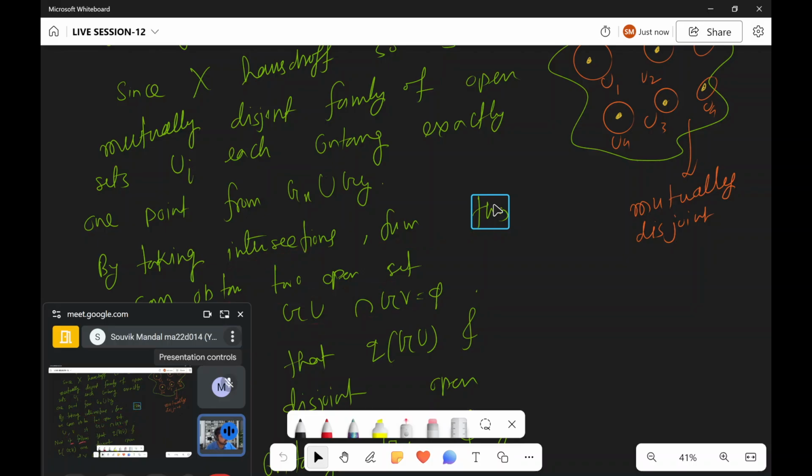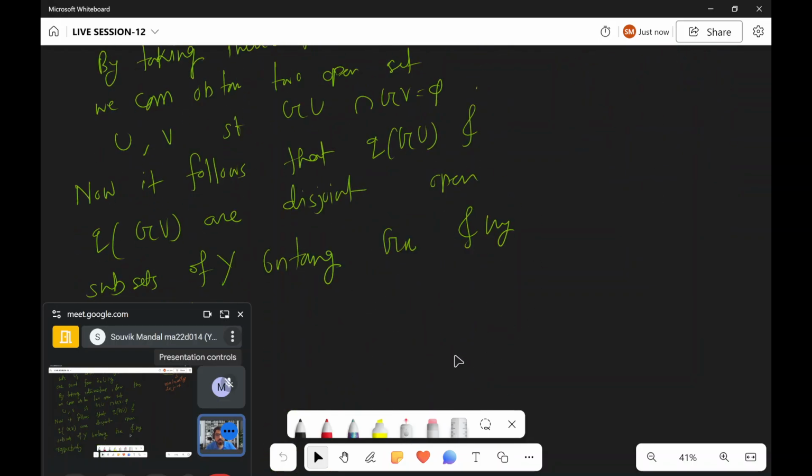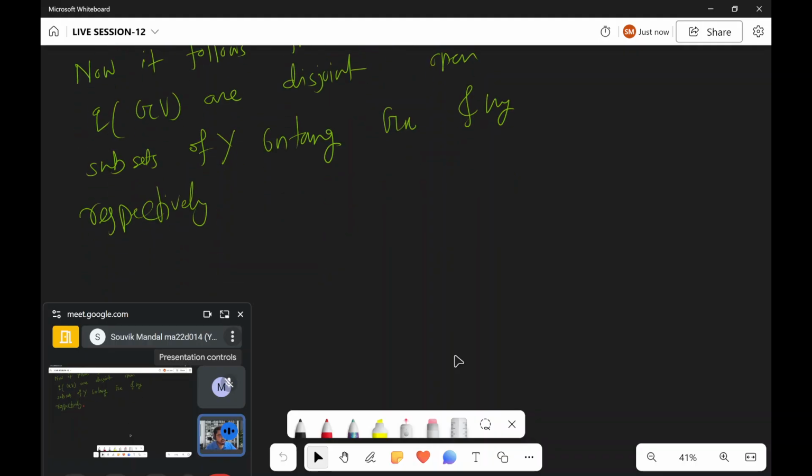And it follows that q of GU and q of GV are disjoint open subsets of Y containing [x] and [y] respectively. So yeah, this is the argument.